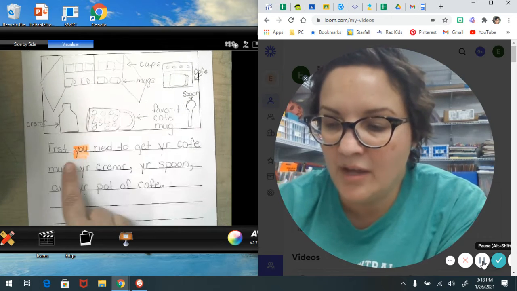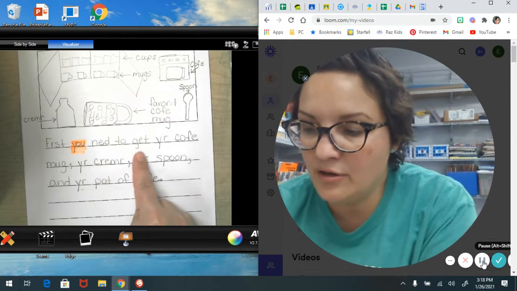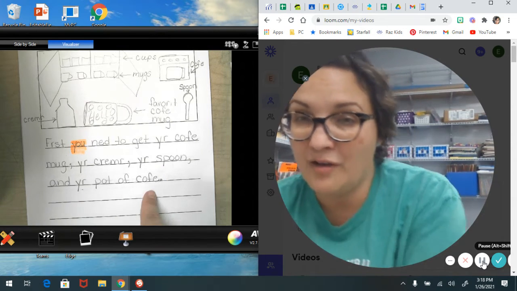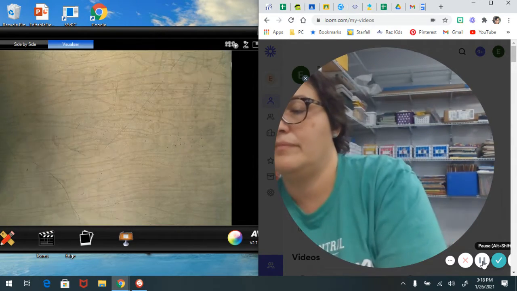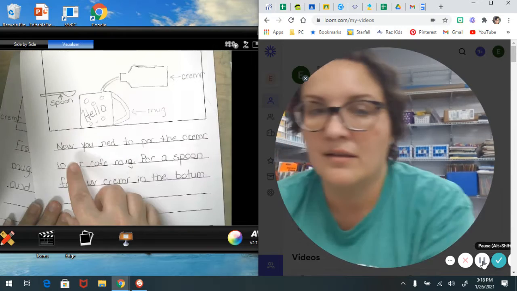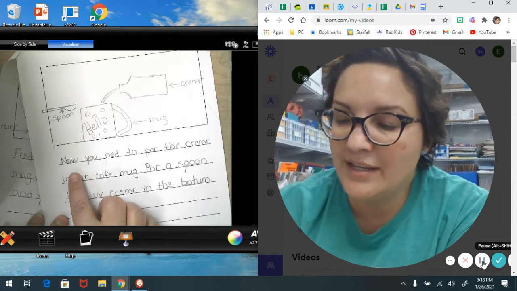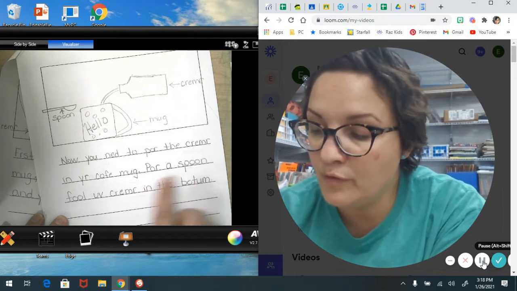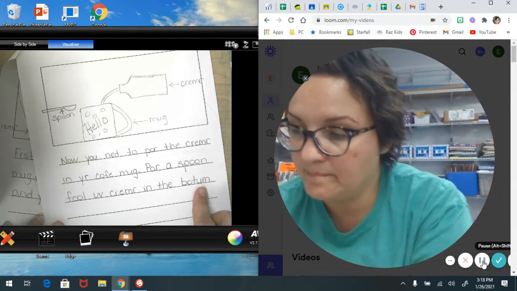Step 1. First, you need to get your coffee mug, your creamer, your spoon, and your pot of coffee. Step 2. Now you need to pour the creamer in your coffee mug. Pour a spoonful of creamer in the bottom.